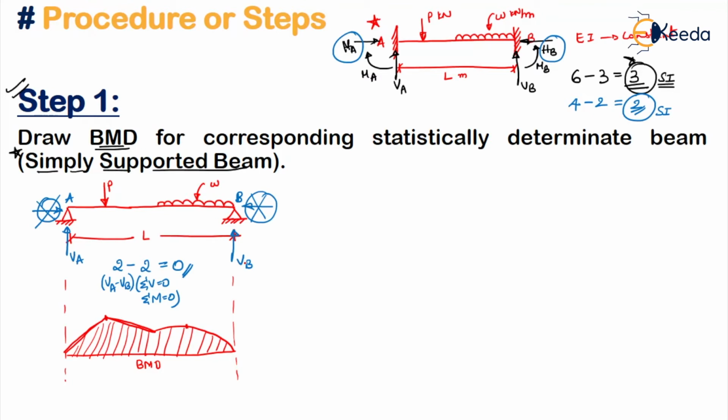Just convert the given indeterminate structure, beam or frame, into a statically determinate beam or frame. Basically consider it as a simple support. Then try to find the bending moment: use the equations of equilibrium, calculate the reactions and then draw the bending moment. This is your step 1.